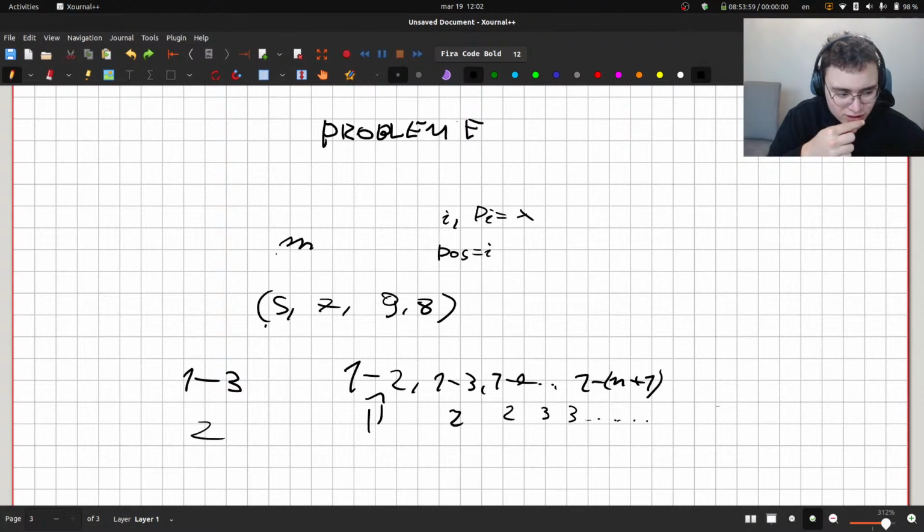It's not always smaller than X. We want to swap with some position such that this position is not compared with, right? So we want to swap with some position such that this position is never compared with. Because if we would swap our position with some position that it's compared with, well, then we would mess up. We would destroy the thing. It would just be destroyed.